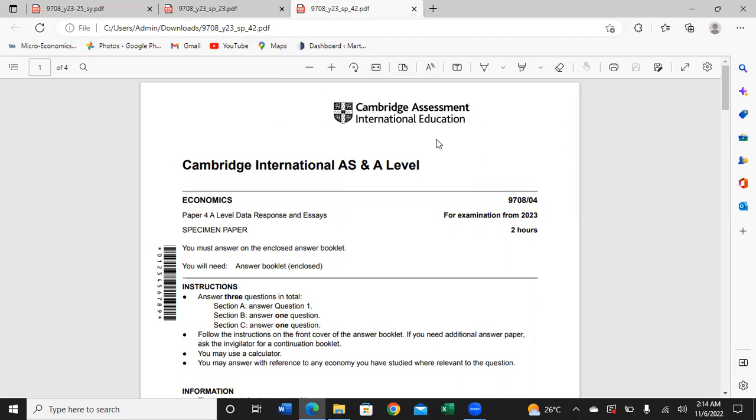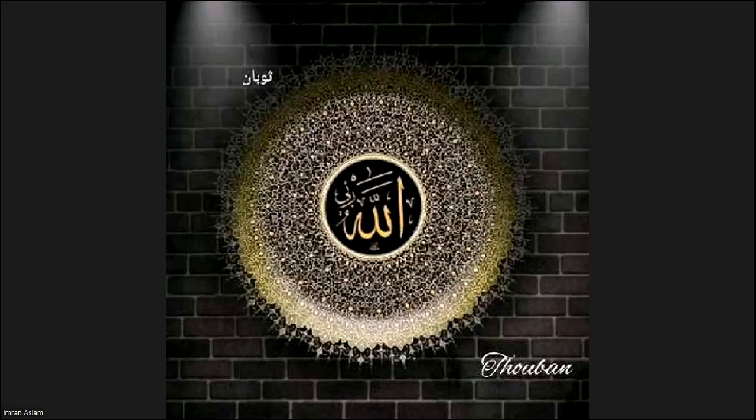Time management is also very, very important for the students. So now we have completed today's topic about the syllabus contents and the specimen papers. We have seen how the students will appear in their final exams of A level from 2023, and what the syllabus contents are regarding the new syllabus.